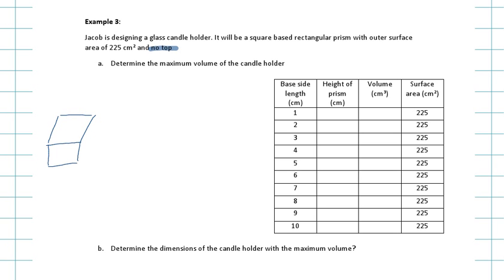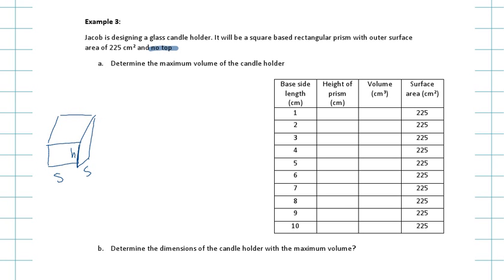So basically you have a side and a side, and they're both the same, because you have a square-based prism, and you have the height. Instead of having a length and a width as 2 different things, we have the same thing here. Are you guys okay with this?